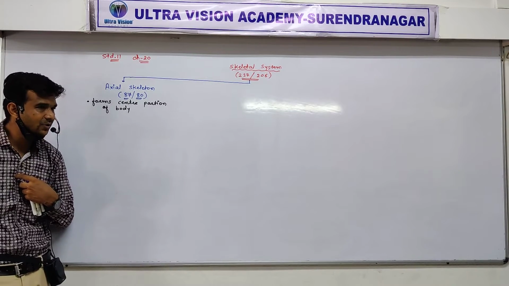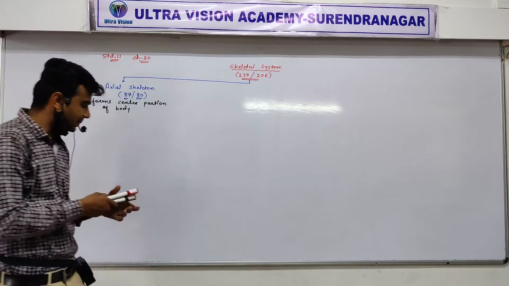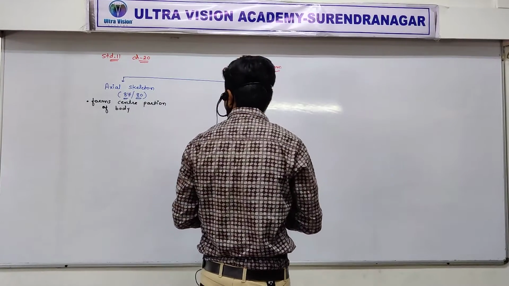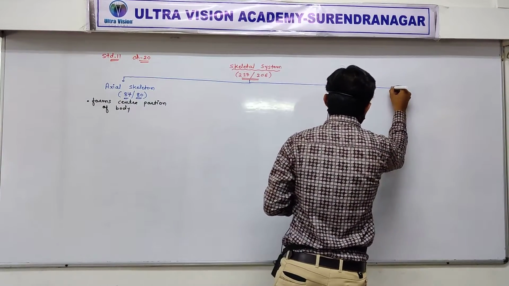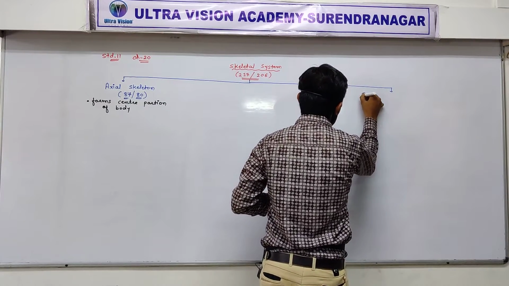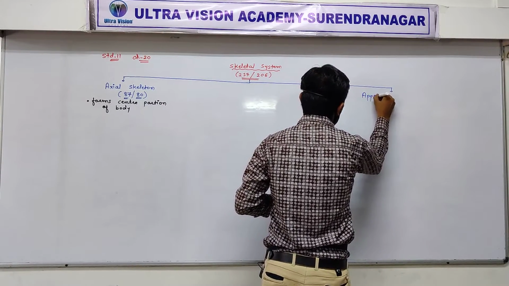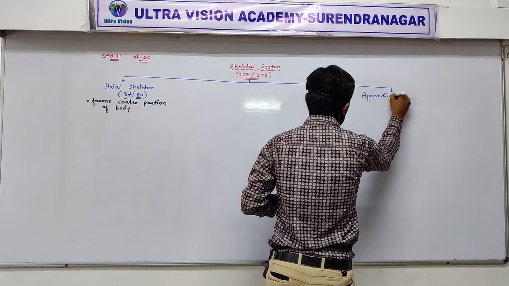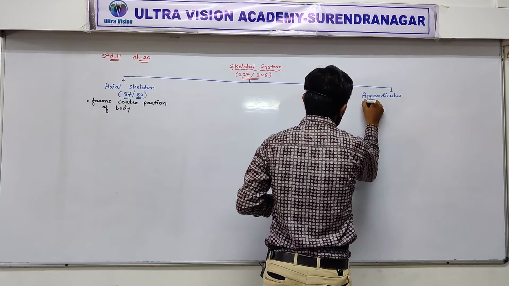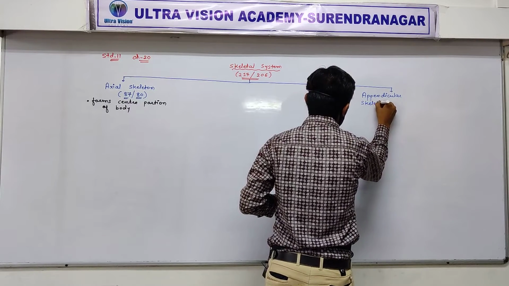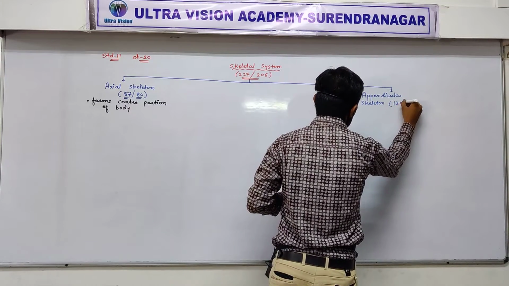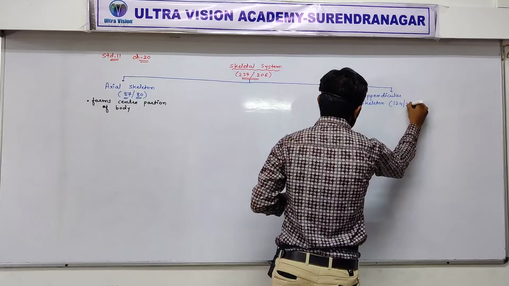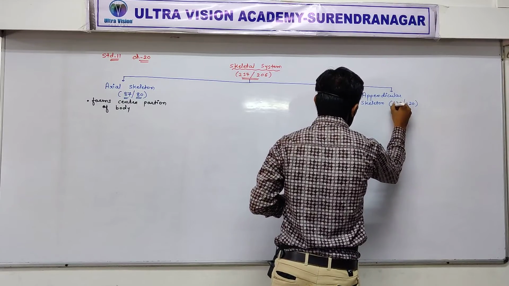vertebrae, spinal column. Whereas second part is appendicular skeleton. 124 bones are there. We count 125.